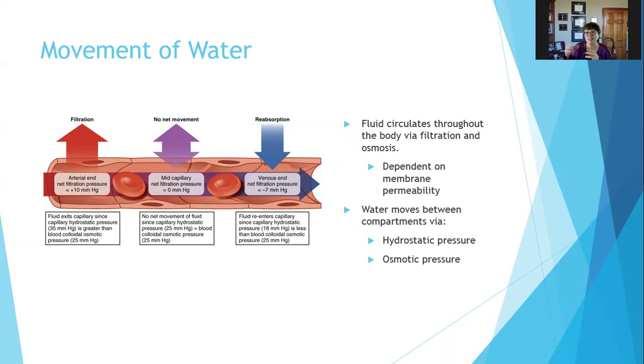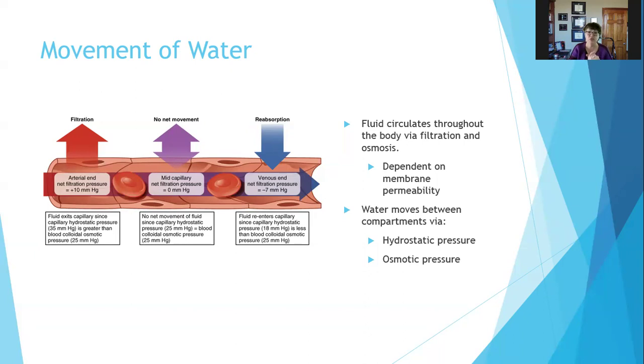On the venous end, it's a little bit lower, and so water gets pulled in. So you can kind of think of that as the nutrients and oxygen going into the cells and the waste products and excess fluid coming out of the cells, because really that's what the capillary beds are doing.